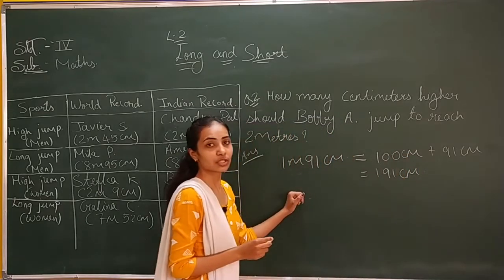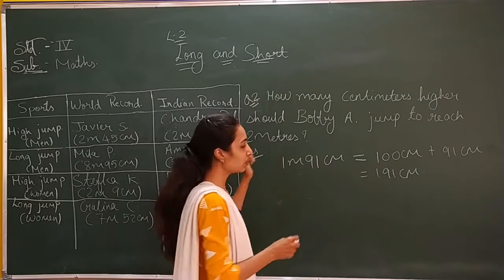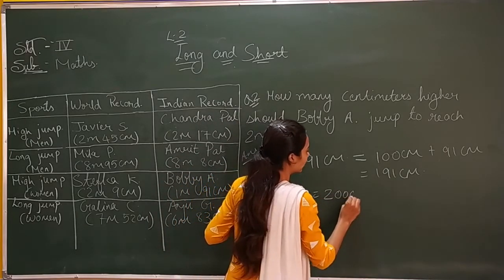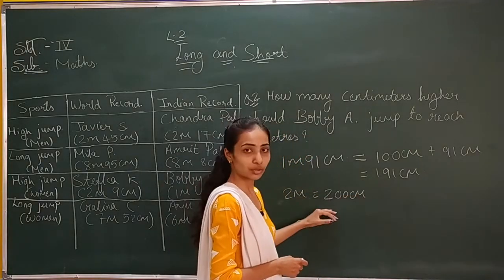So in total she is jumping 191 centimeter. If she wants to reach 2 meters, 2 meters is 200 centimeter.